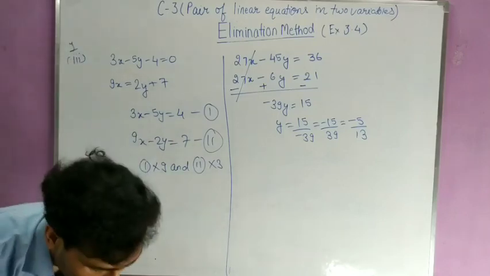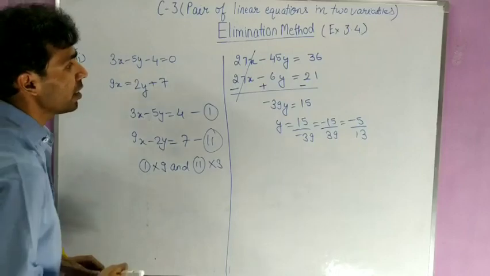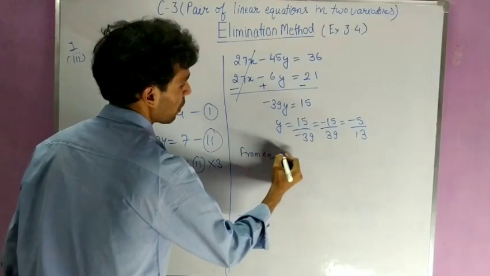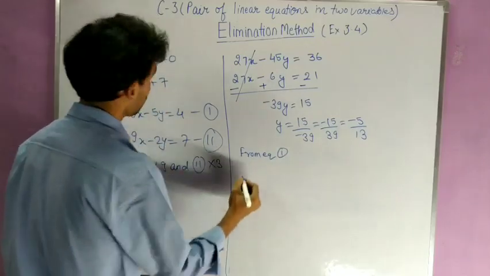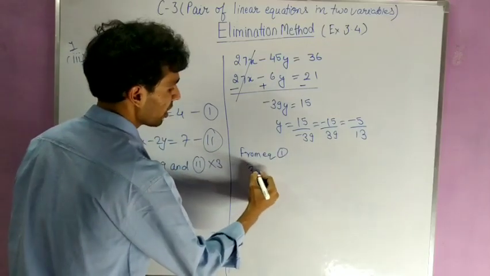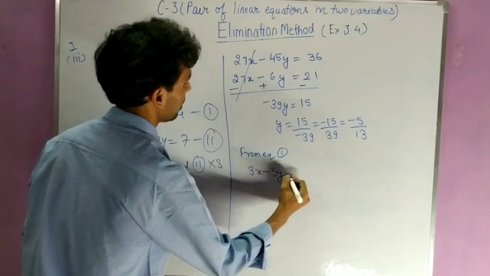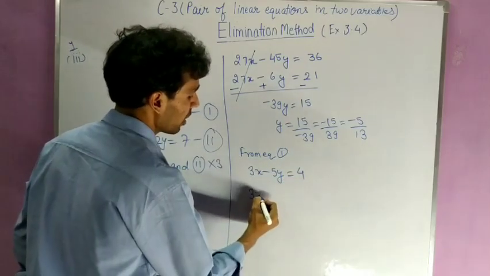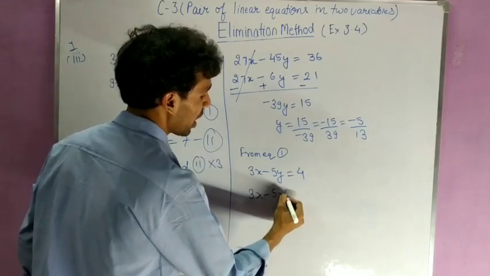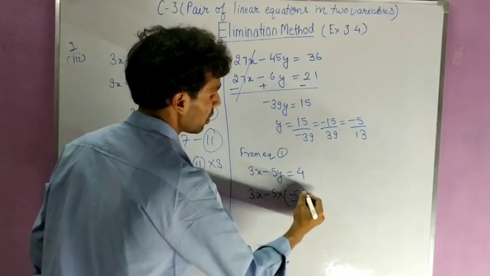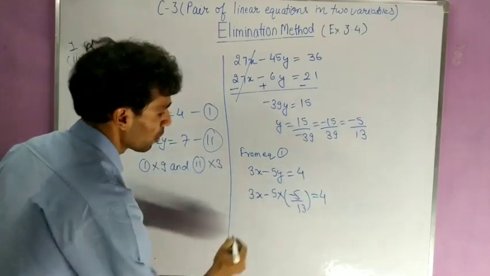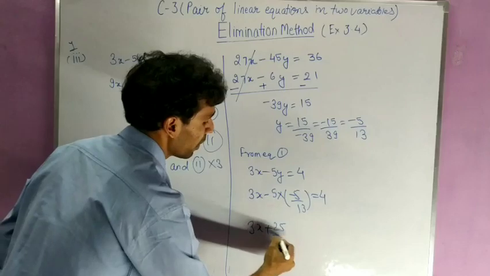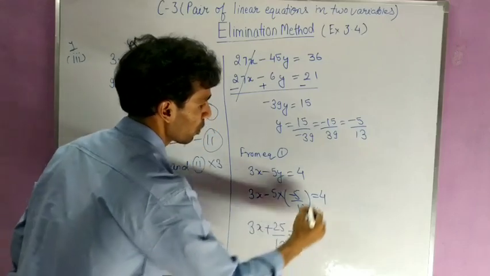Now you got the value of y, so you can take any equation. From equation number 1, what is equation number 1? 3x minus 5y equal to 4. Now put the value of y. So 3x minus 5 into minus 5 by 13 equal to 4. Now minus minus will become plus. So 3x plus 25 by 13 equal to 4.